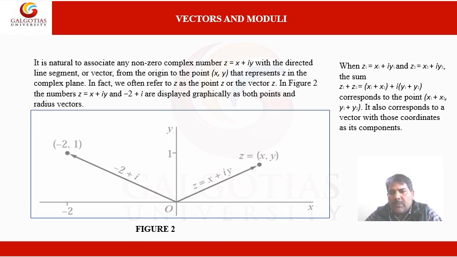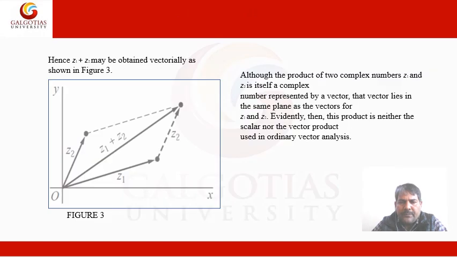It also corresponds to a vector with those coordinates as its components. Here z1 plus z2 may be obtained vectorially as shown in figure 3.